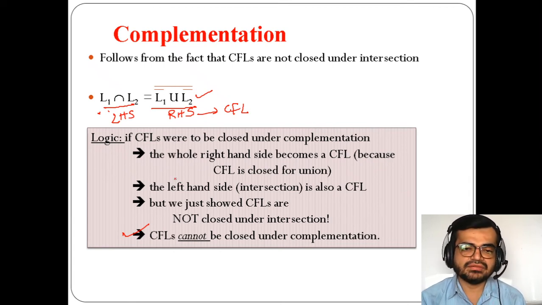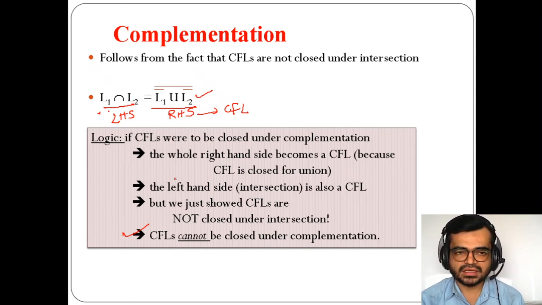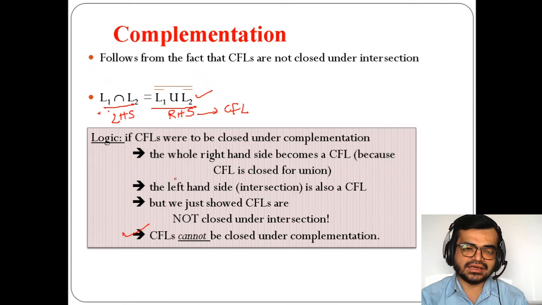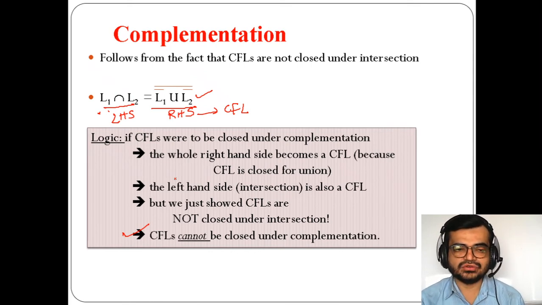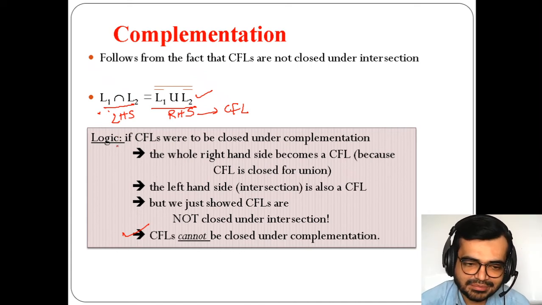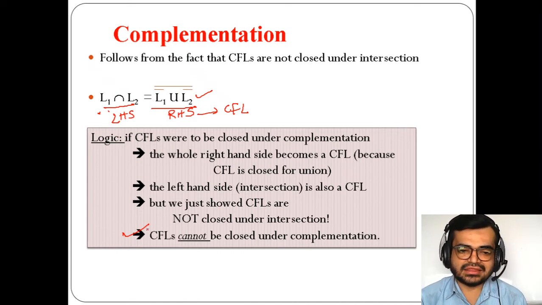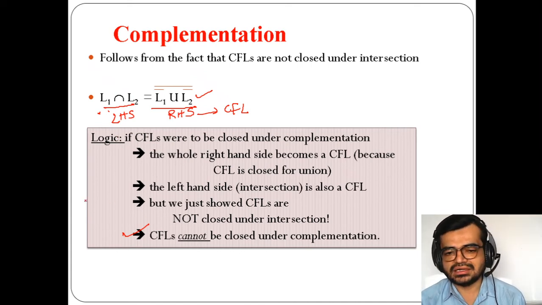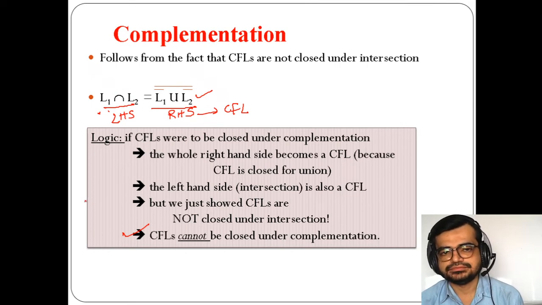We know that whenever a union operation is performed, the language is CFL. But on the left hand side, L1 intersection L2 is not a CFL. So both sides are not equal, and what we assumed, that the right hand side is CFL, is not correct. It means that CFL cannot be closed under complementation.